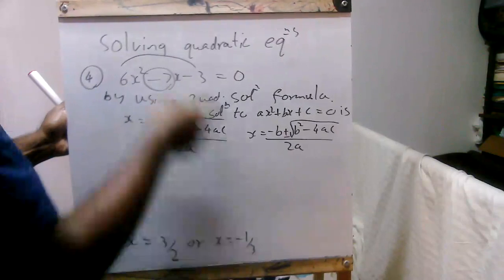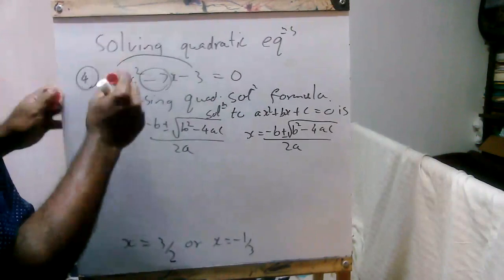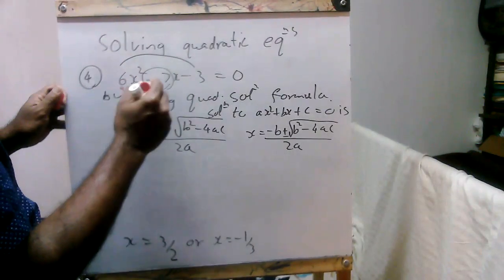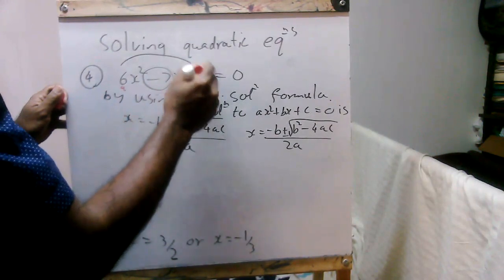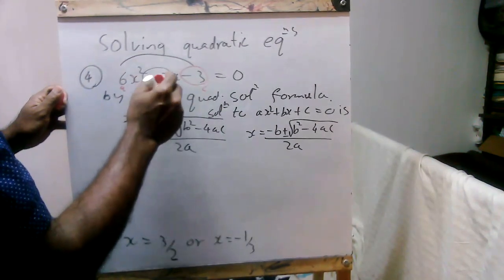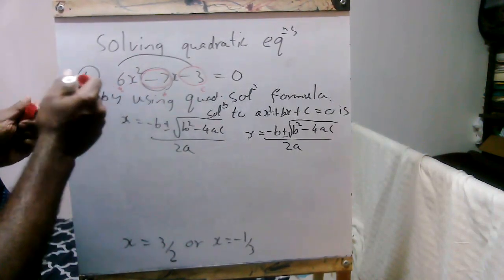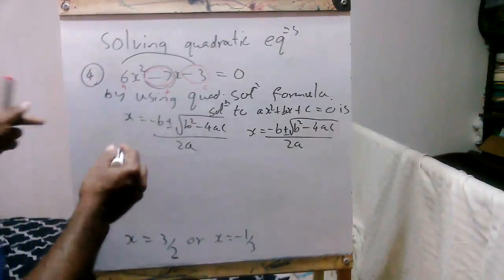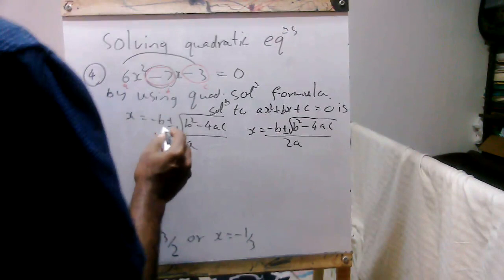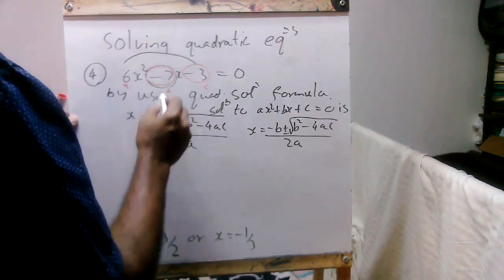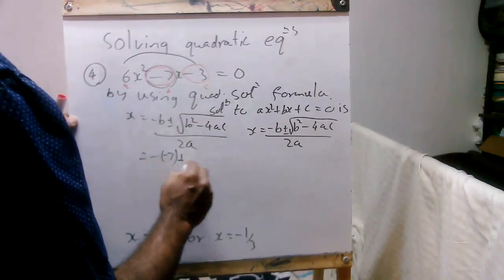Now if you compare these two equations, your a is 6, b is negative 7, this is your c. Right? Okay, let's substitute. Negative b is negative 7, plus or minus.